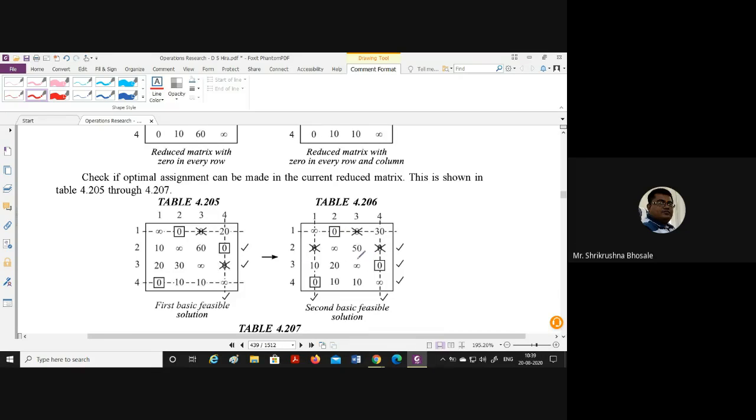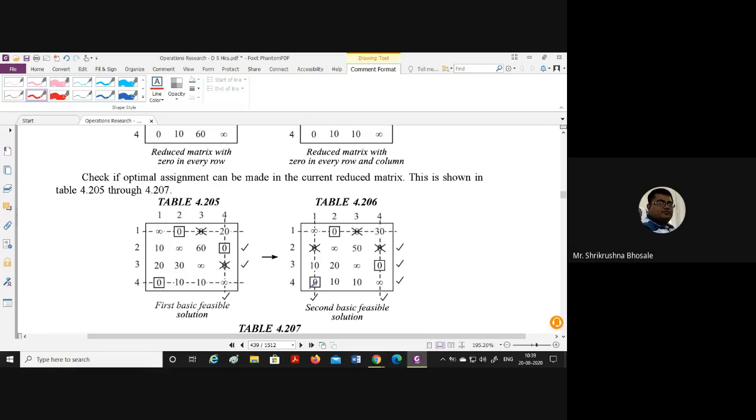Or if you give city number 4 here, then he will go to city 4, then the third city he will not visit, and again from 4 he will come back to city 1. Is it right? So here also our allocation is not made properly.